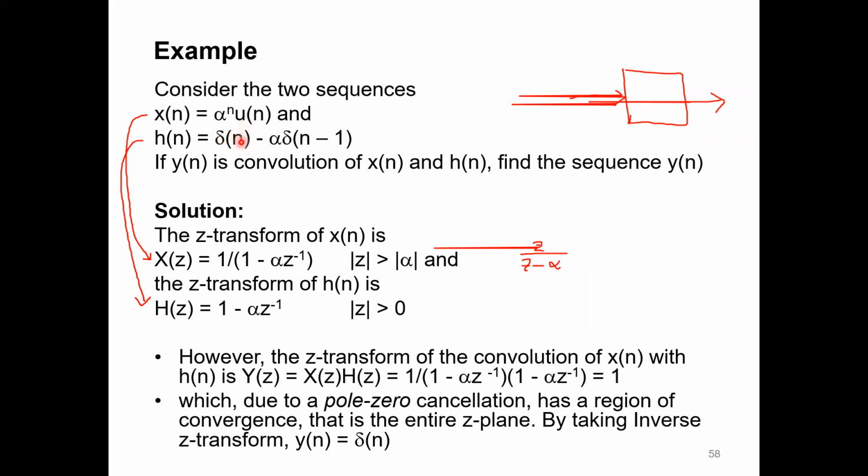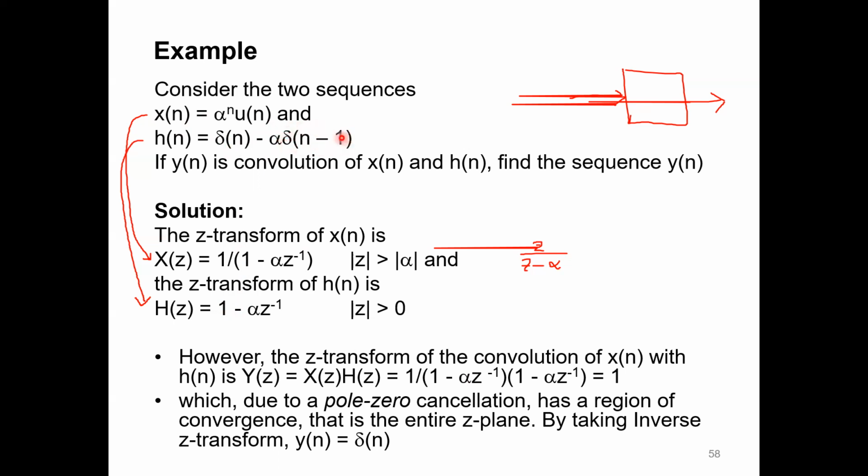What is the Z transform of delta n? 1. So that's over there, minus alpha delta n minus 1.